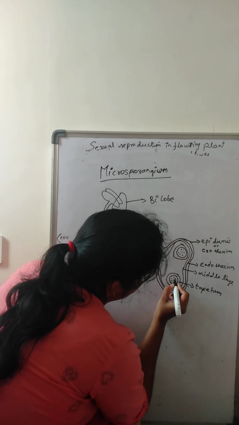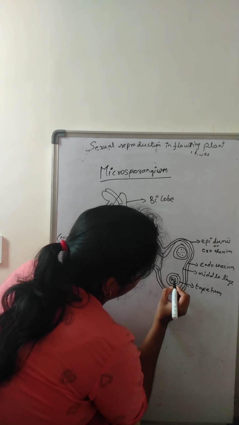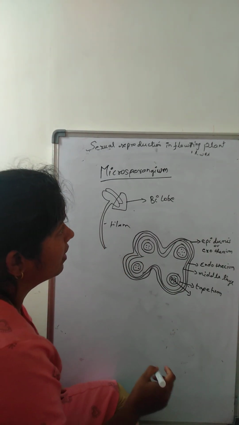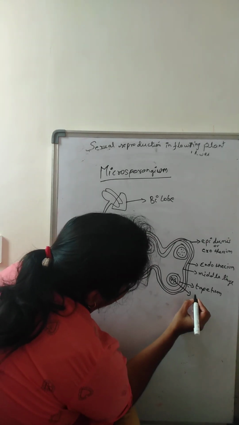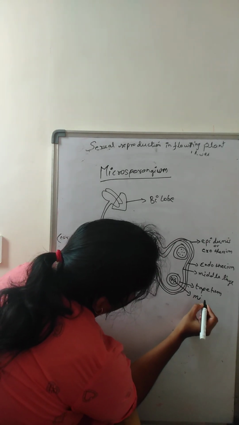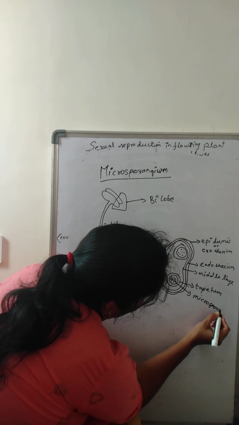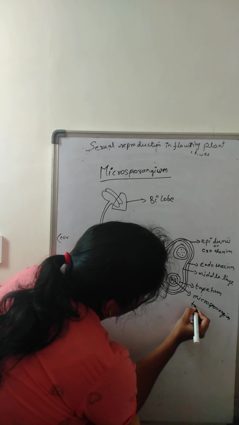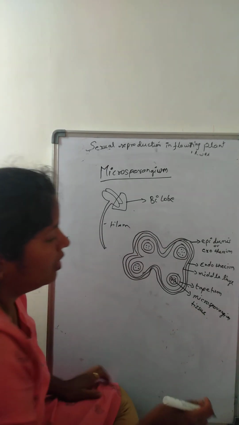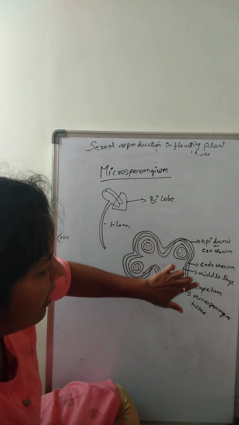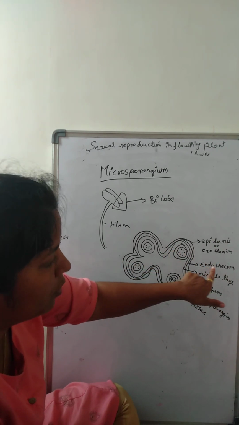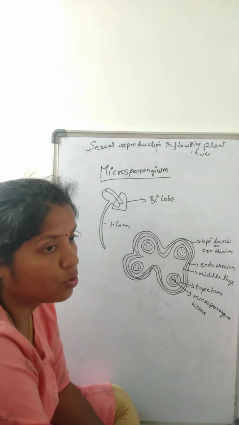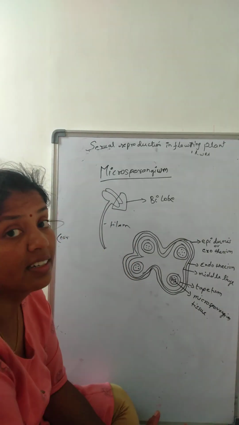And here you can see the microsporangium tissue. Now you see, the three layers are there, no? Epidermis, endothecium and the middle layer. The main role of these is to protect the pollen grain.